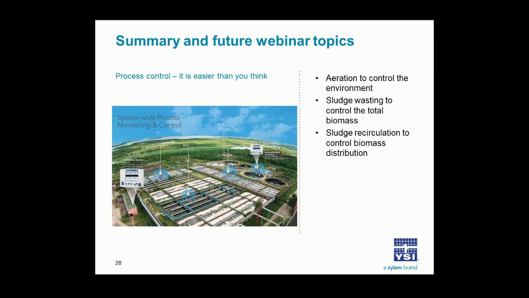But more commonly, it is the ammonium that's measured for aeration control, so that as the ammonium concentration goes up, the aeration rate increases, and when your ammonium concentration goes down, the aeration rate decreases. But I suppose the opposite could be used to control aeration via nitrate measurement. Good question.